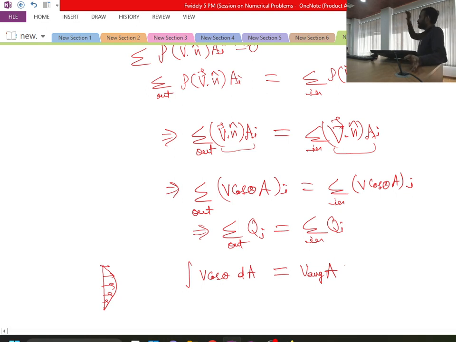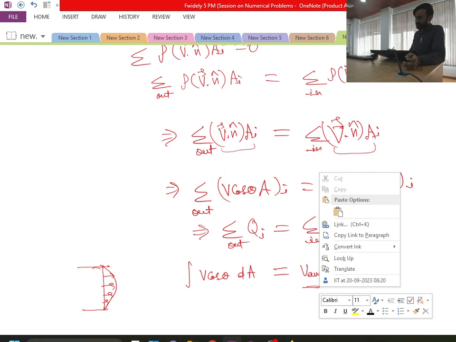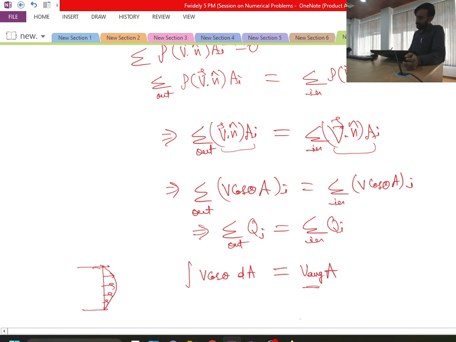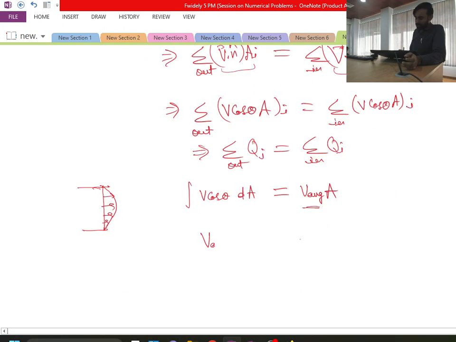If I know the hypothetical average velocity at this inlet is v average, then from here I can simply say that my v average will be nothing but 1 by area times the integral of v cos theta into dA. This is the area integral, where the area is that of this entire inlet.